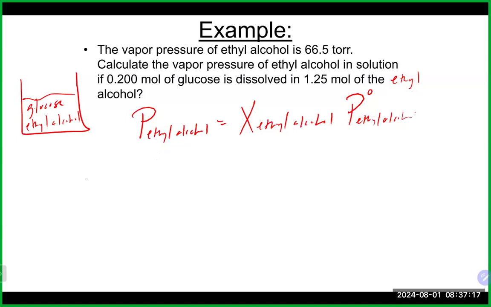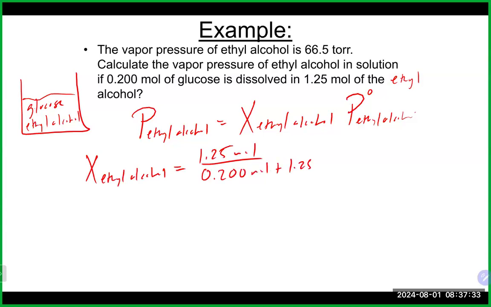In this case, our mole fraction will be the moles of our ethyl alcohol, which is 1.25, divided by our total moles, which is 0.2 for the glucose and 1.25 for our ethyl alcohol. So here we have 1.25 divided by 0.2 plus 1.25, which is going to get us 0.862. Call it 0.8621.